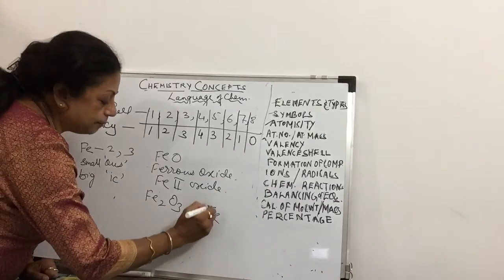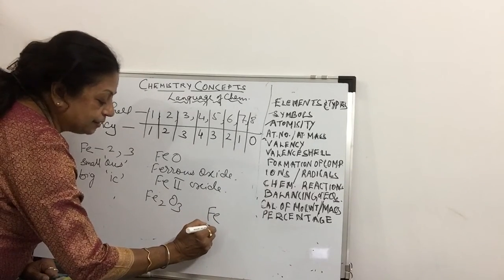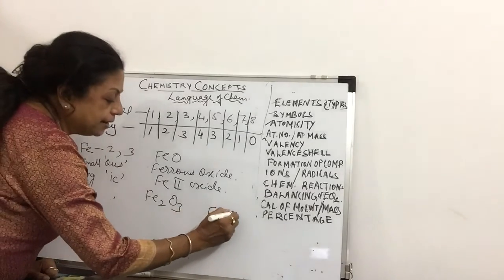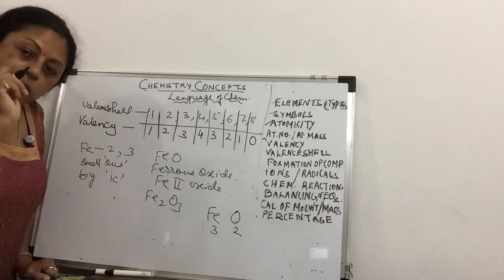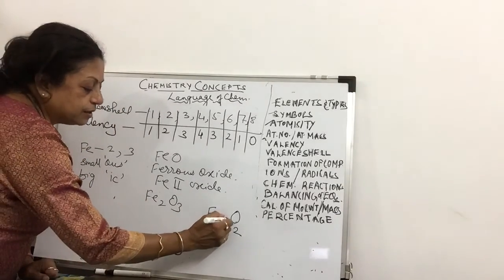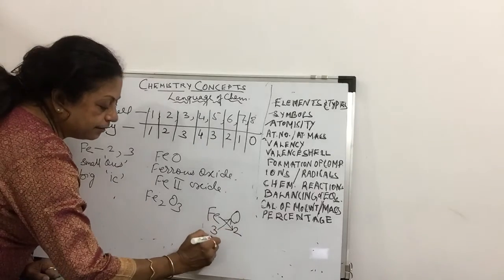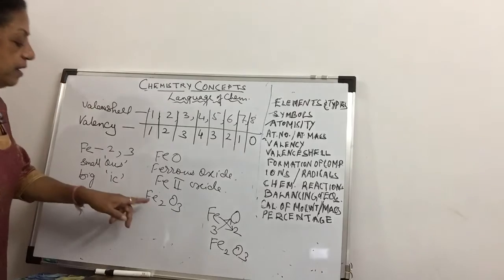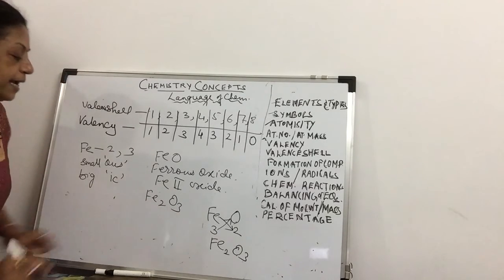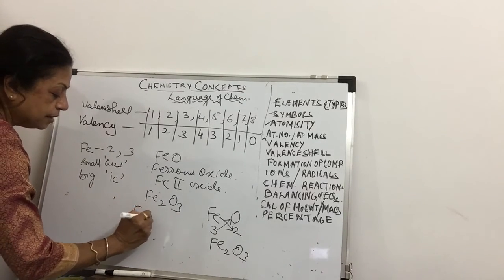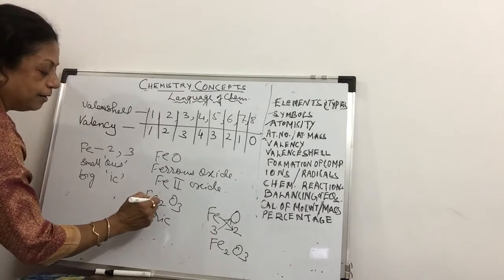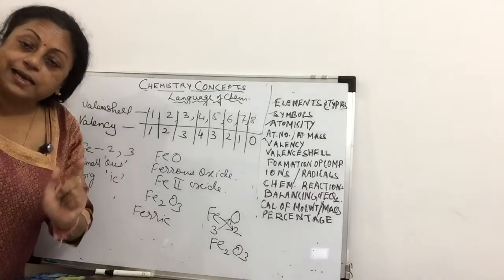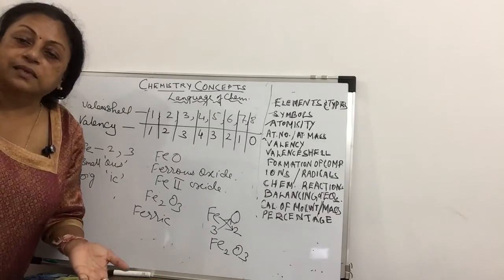Here iron has valency 3, and oxygen has valency 2. So they will crisscross, and the formula will be Fe2O3. This is ferric oxide because I have taken the bigger valency of iron. So the bigger one will be 'ic' and the smaller one will be 'ous'.